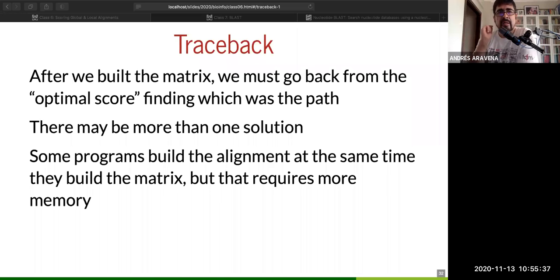Then you will also have to decide how much you punish gaps, how much you punish opening a gap, how much you punish extending a gap.